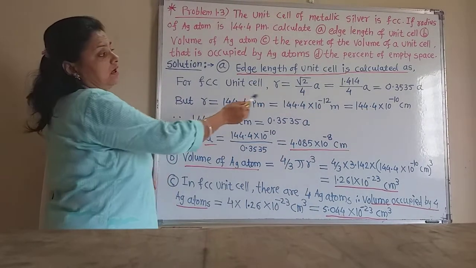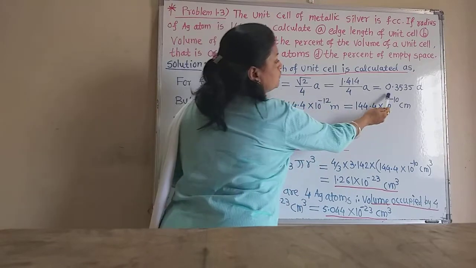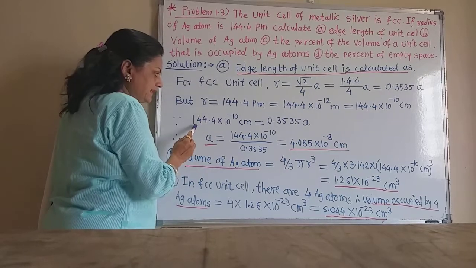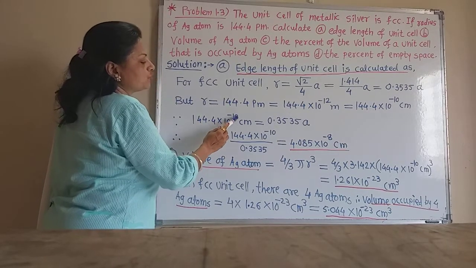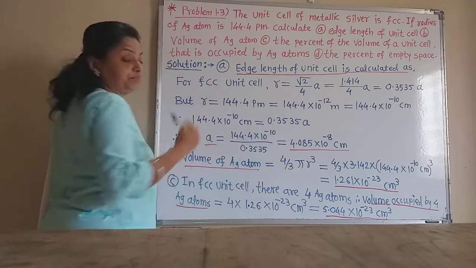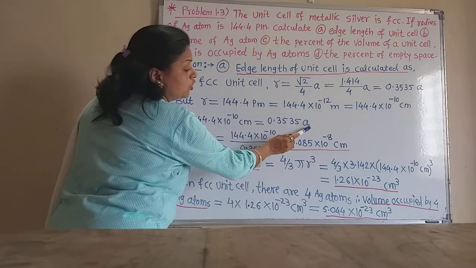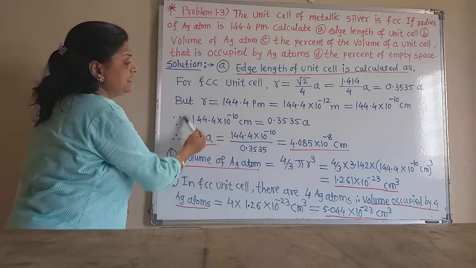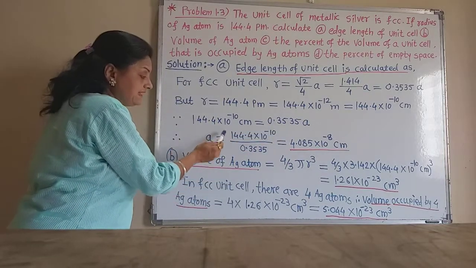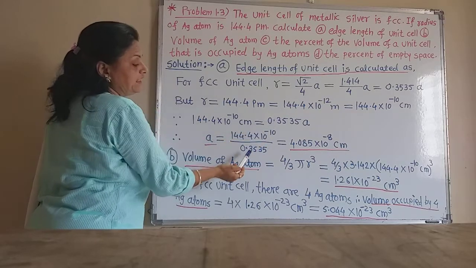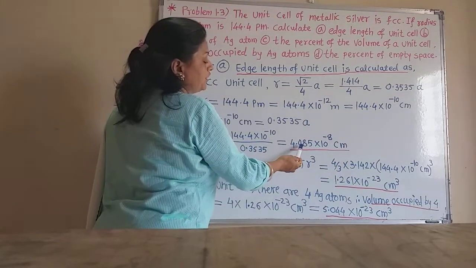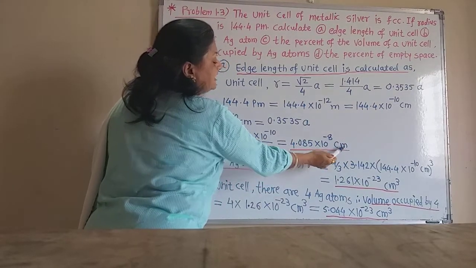So in this formula, radius is equal to 0.3535a, the value of the radius 144.4 into 10 raised to minus 10 centimeter is equal to 0.3535a. Now we have to calculate the value of the edge length. So a is equal to the value of the radius divided by 0.3535, and this value comes to 4.085 into 10 raised to minus 8 centimeter.